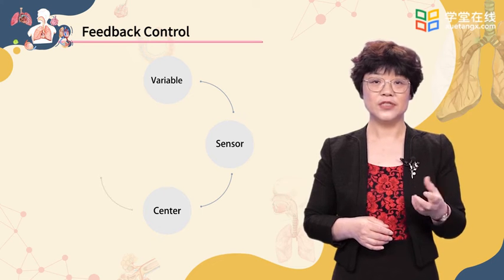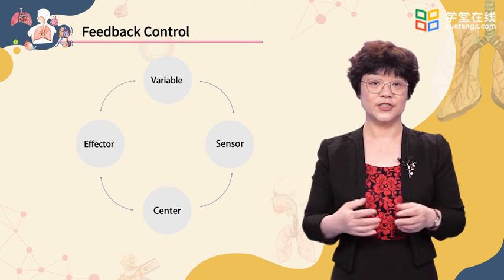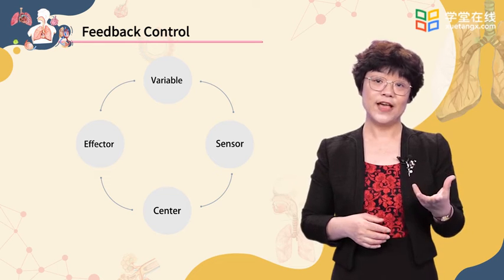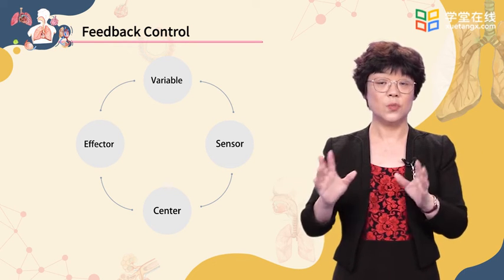Then, the information is transmitted from the control center to the effector. The effector is the structure where the activities occur in response to the stimulus. The results of the response are then fed back to influence the effect of the stimulus, either reducing it or enhancing it.